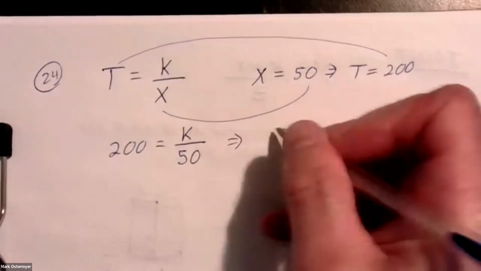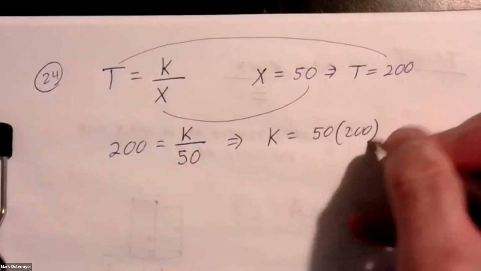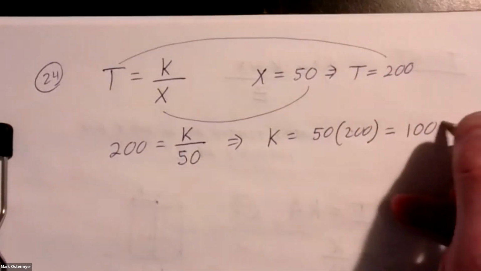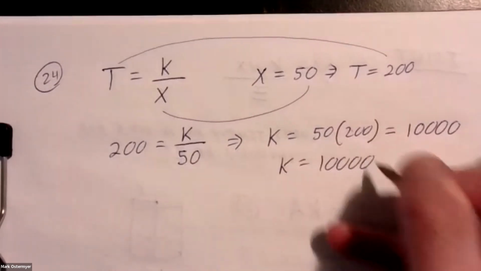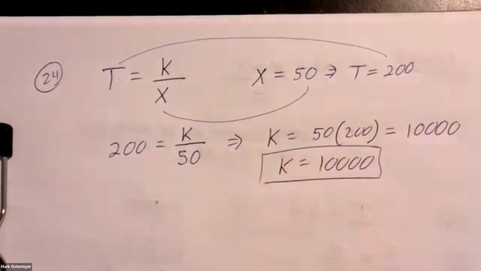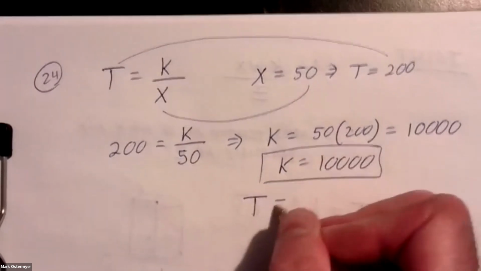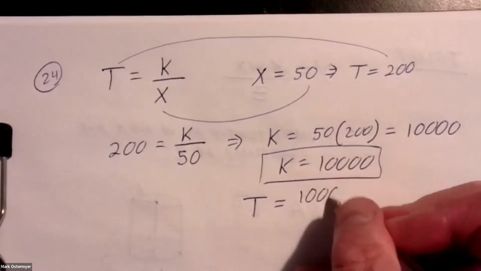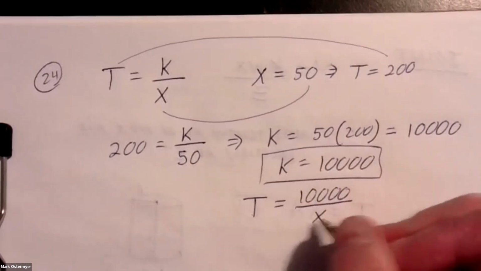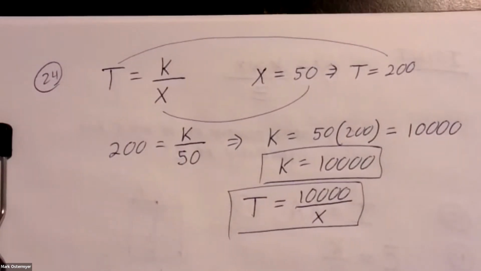Multiply both sides by 50, and K is equal to 50 times 200, which nets us 10,000. So K is equal to 10,000. That's what K would be. If you want to also write this variation specifically, it would be T is equal to 10,000 over X.